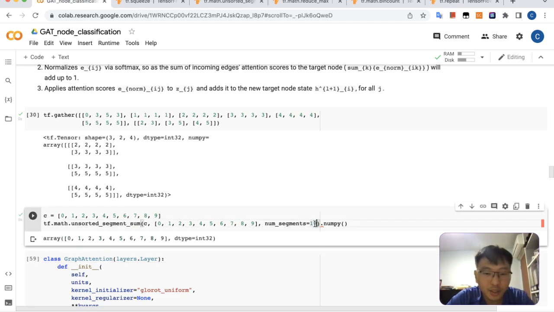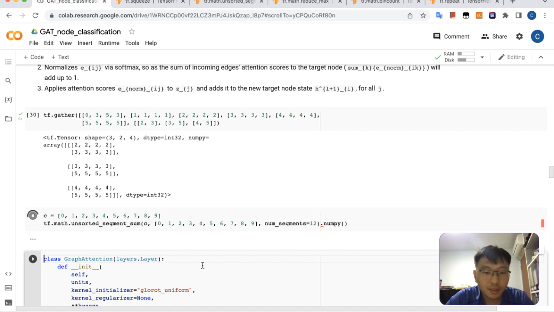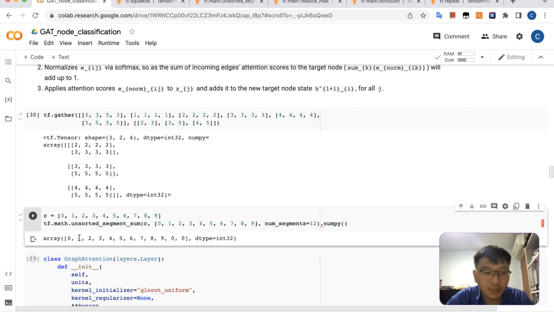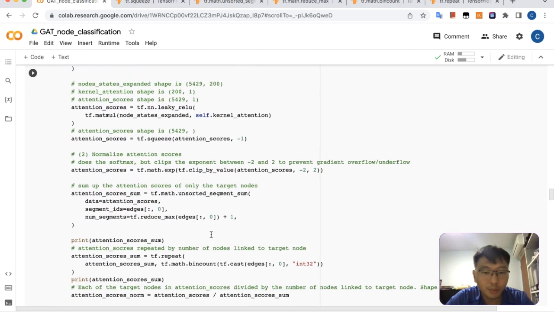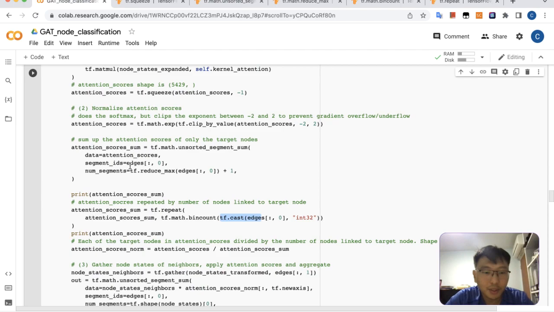It still works. Okay, we only have one. You see, you just make it 0 here if we give more segments. So over here, the number of segments will really just be based on the number of target nodes. It doesn't really matter, okay, because it will be counted here later.